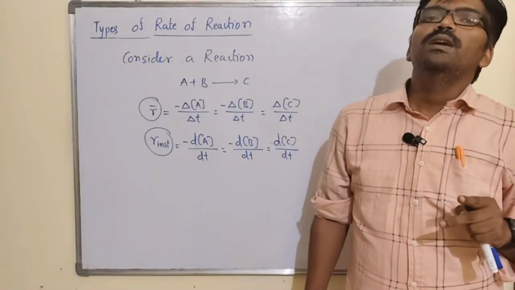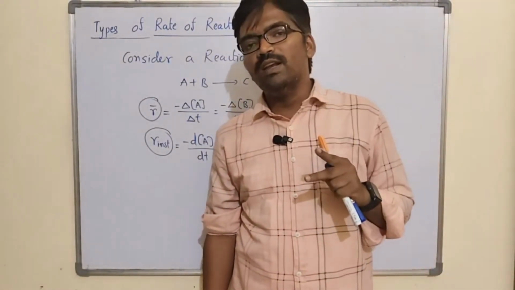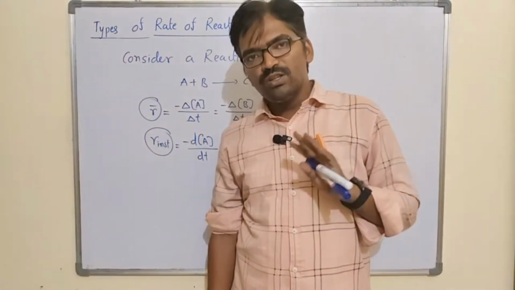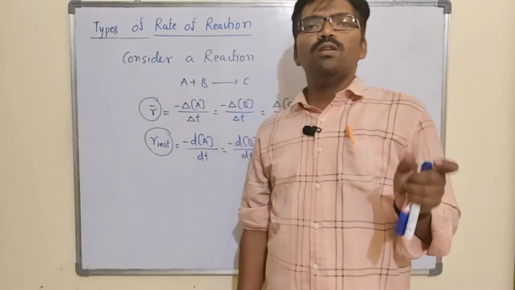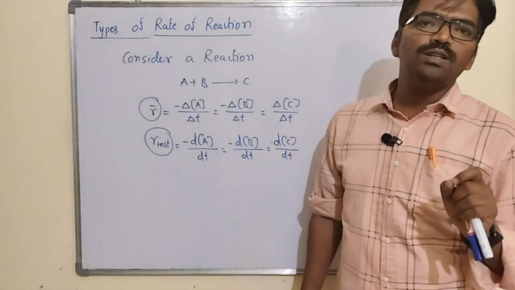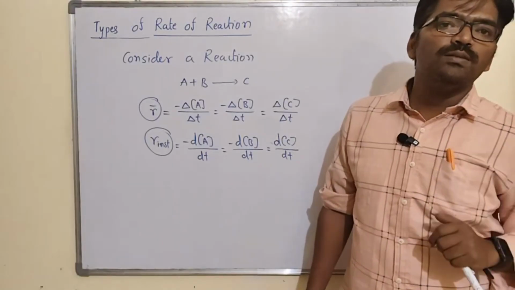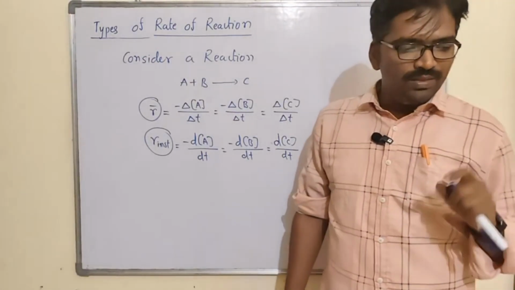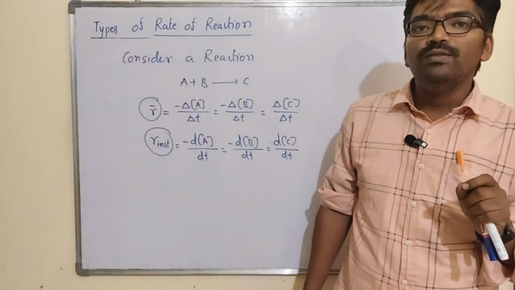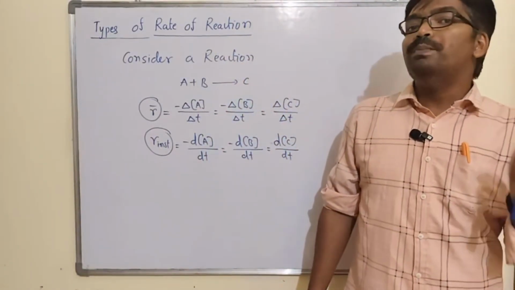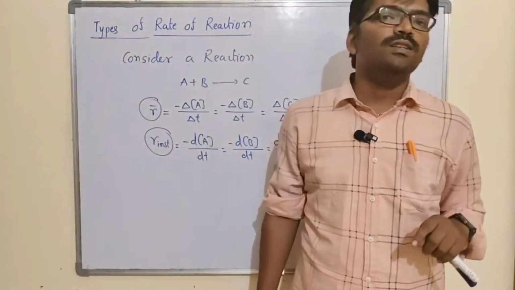The second point: in case the rate of reaction is measured for individual reactants or products, it does not depend upon the stoichiometric coefficients. Then the last point: the rate of disappearance of reactants or the rate of appearance of products does not depend upon the stoichiometric coefficients.